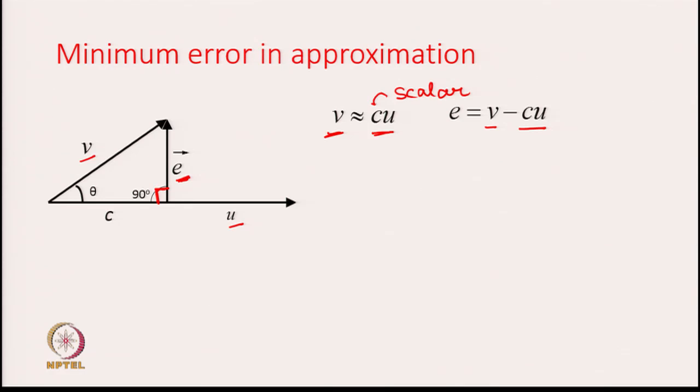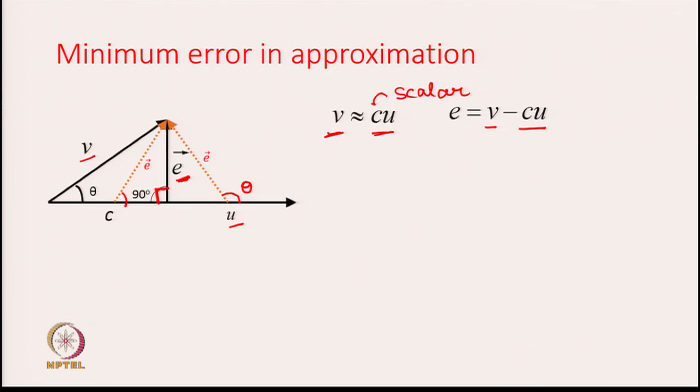Now, if you see carefully, if error vector was making any other angle other than 90 degree with vector u, for example, if it was making an obtuse angle with vector u, or if it is making an acute angle with vector u, whatever angle it makes other than the 90 degree, then the error vector would have been larger.